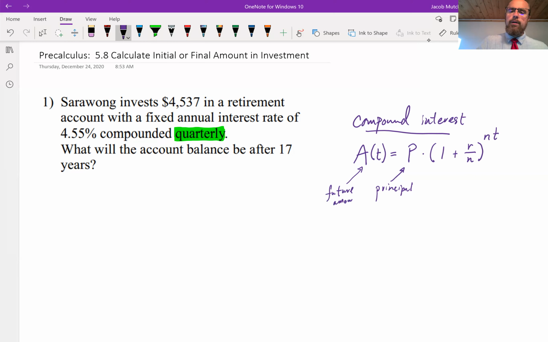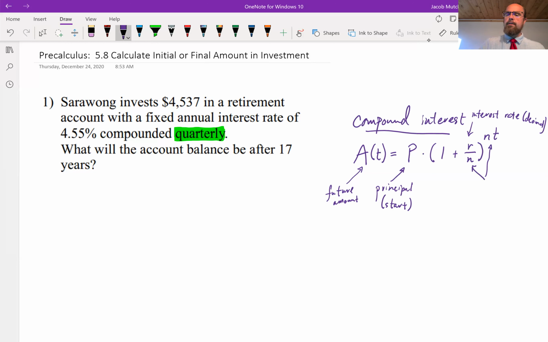Principal is a fancy way of saying that's how much we started with. That's the start investment. And then again, r describes the interest rate. And we've got to note that that is going to be as a decimal. So a lot of times interest rates are given as a percentage. In the formula, we want to convert it to a decimal.